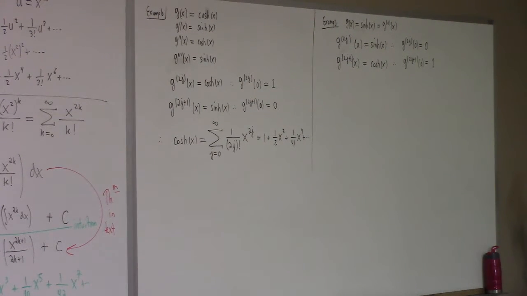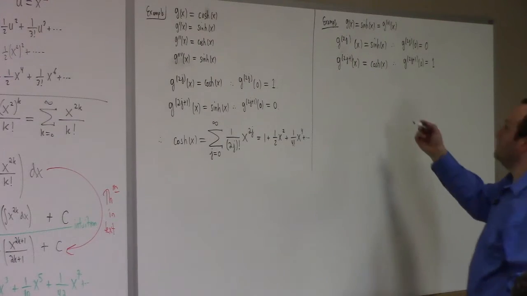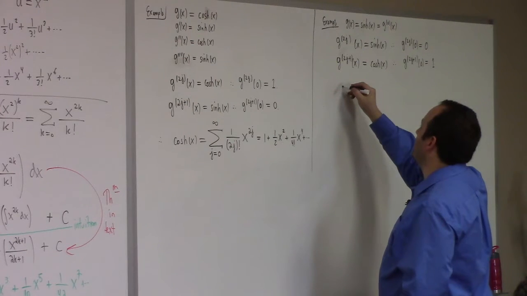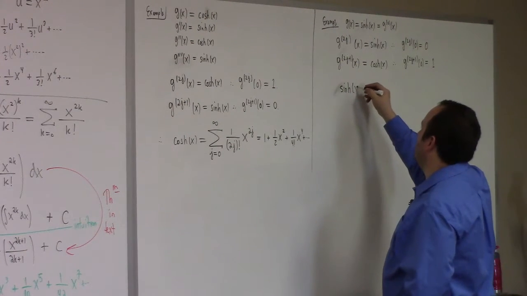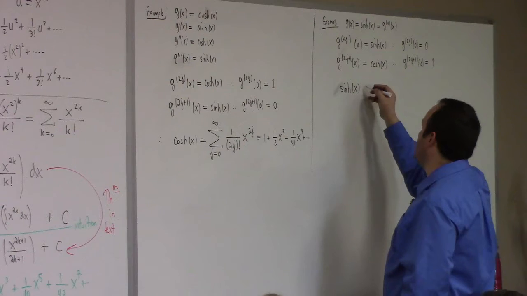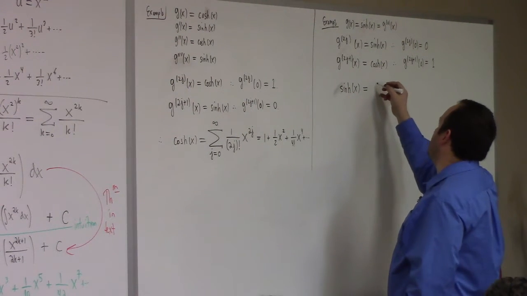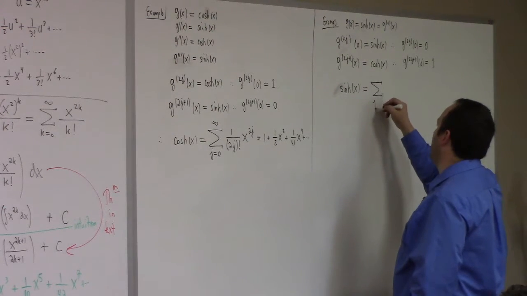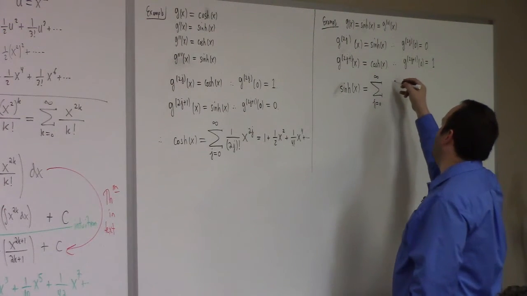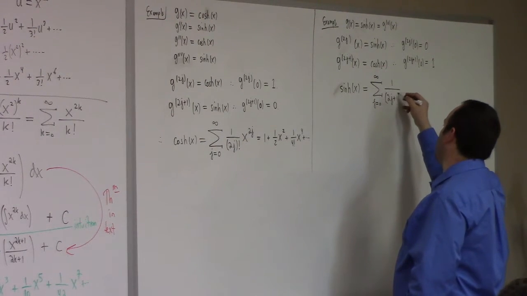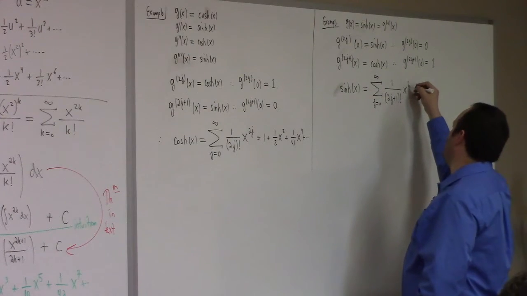So what's the power series for sinh then? Using Taylor's theorem, setting aside our worries about convergence just for today, sinh of x is the sum, j equals 0 to infinity, of 1 over (2j plus 1) factorial times x to the 2j plus 1.